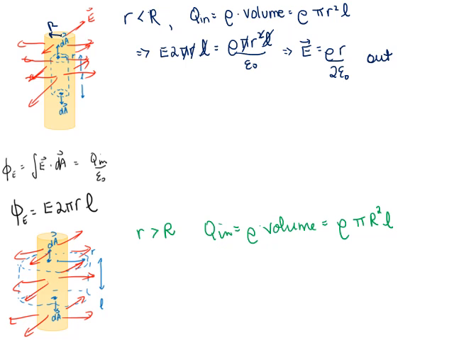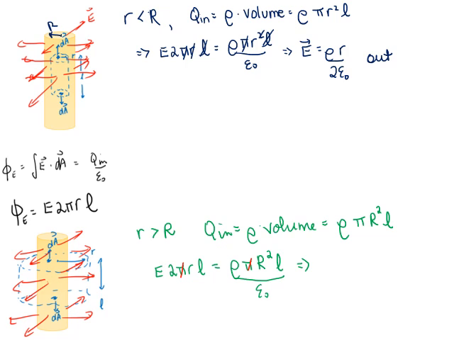So we'll put this together. Our net flux, E times 2 pi r times L, equals density times pi times the radius of the cylinder squared times L. Solve this for E. We notice we've got pi. Oh, I forgot to divide by epsilon naught. It's so easy to drop a symbol when you're working through these things.